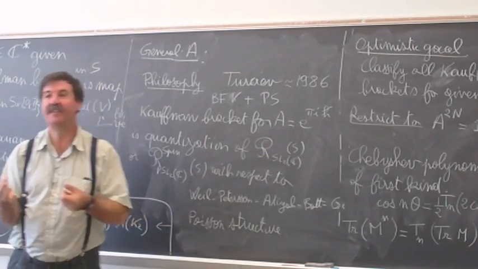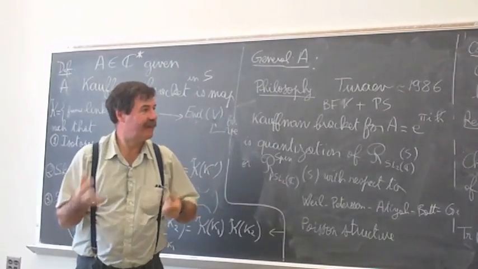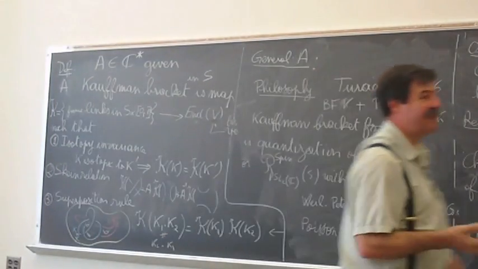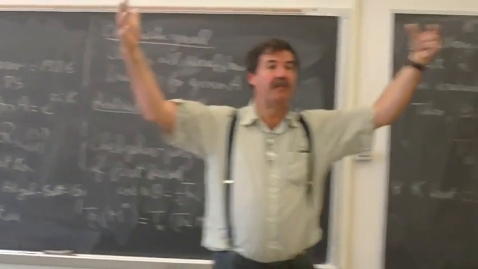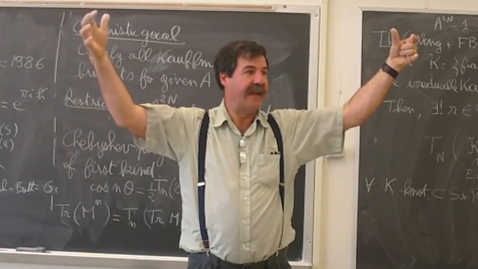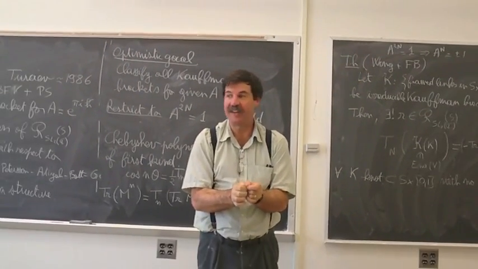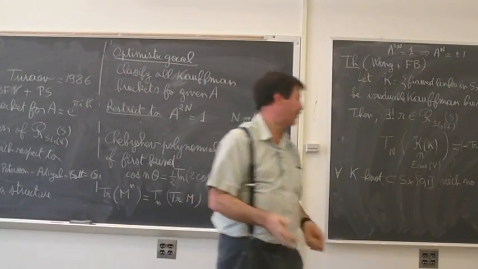Physics works like that in general. I call that the classical shadow. You have the quantum world, which is very complicated, and it has a classical shadow, which is a standard object.